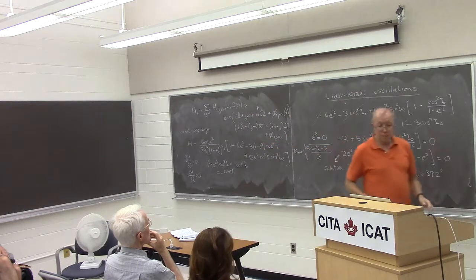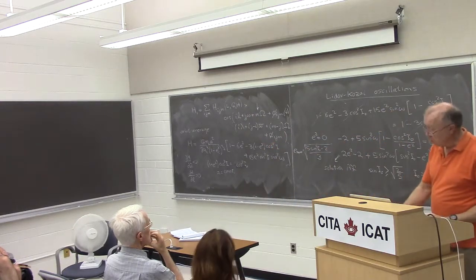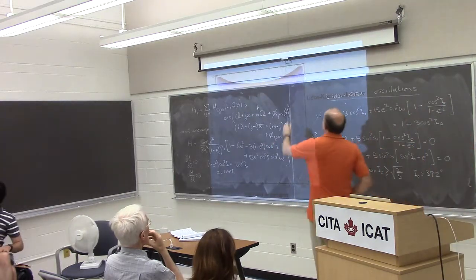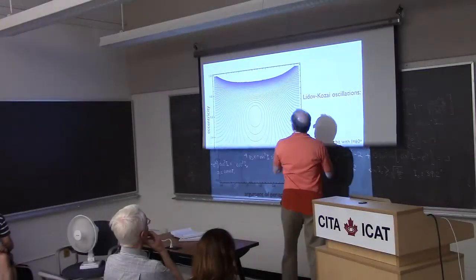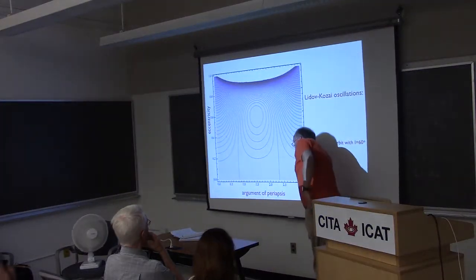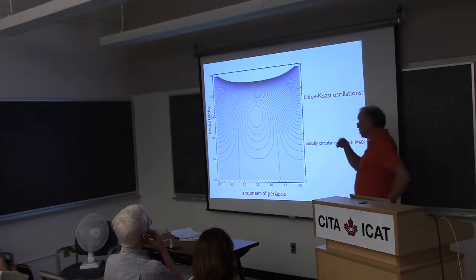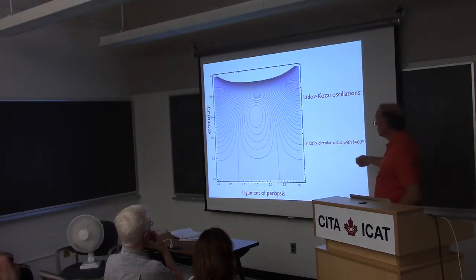Now, I did have a couple of slides to show on this. So this is an example of the oscillation. Again, these are the level surfaces of the Hamiltonian.